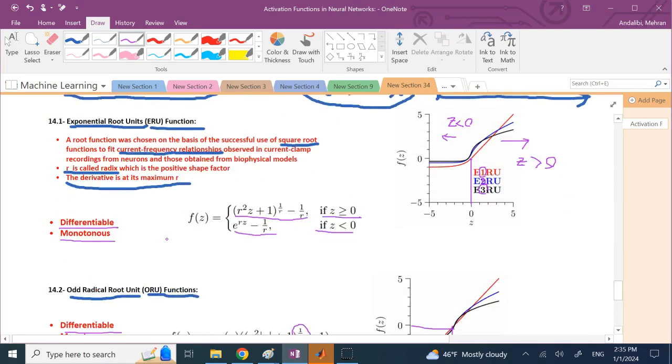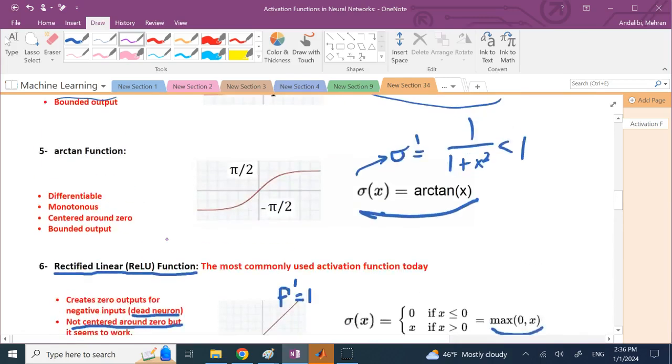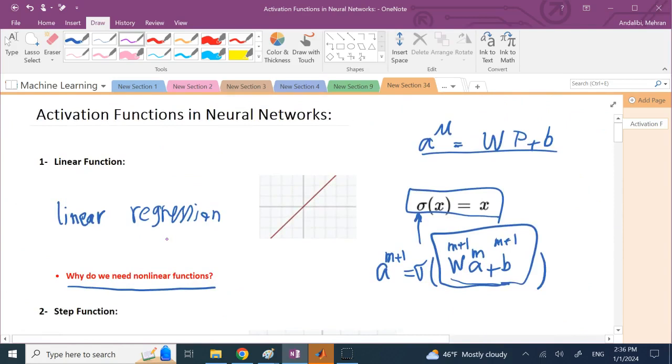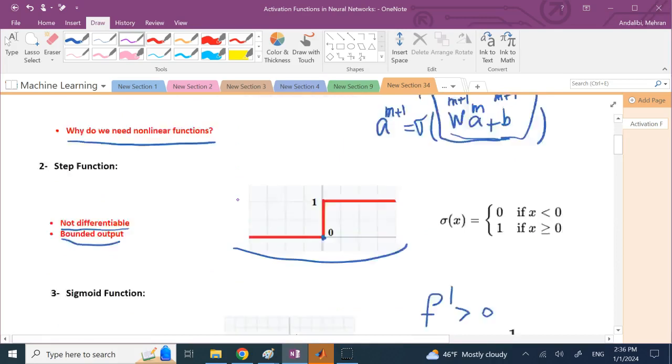So these are 14 different functions. There might be other functions, so this is not an exhaustive list, but hopefully I've given you sufficient information about the activation functions. Each one has its own application depending on whether you're doing regression or classification, a single class or multiple classes, right?